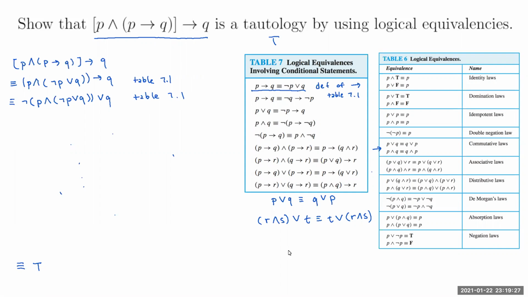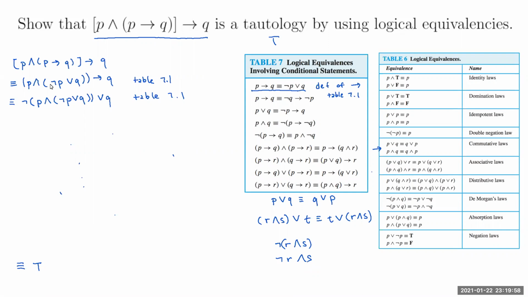For example, maybe you would have not R and S. That is completely different from having not R and S. So you want to make sure to never drop parentheses unless you know you can combine these together and then drop the parentheses. Generally, make sure to keep them there. It can change your whole proof drastically if you drop them. So after this now, we look and we see what we have here.